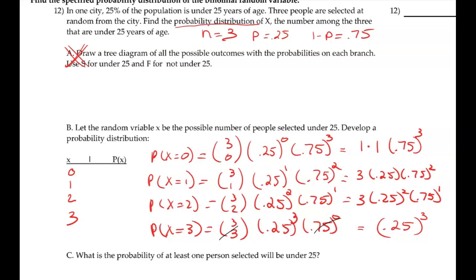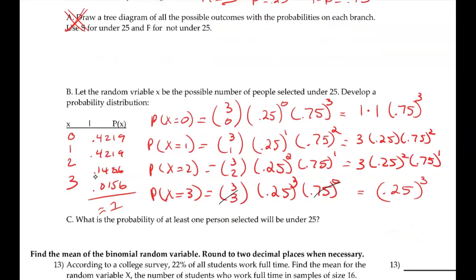And if you do that correctly in your calculator, you do get 0.4219. Total coincidence here that that is the same. You should add them up, make sure they come out to approximately 1.